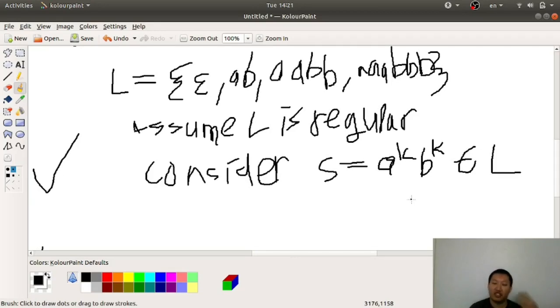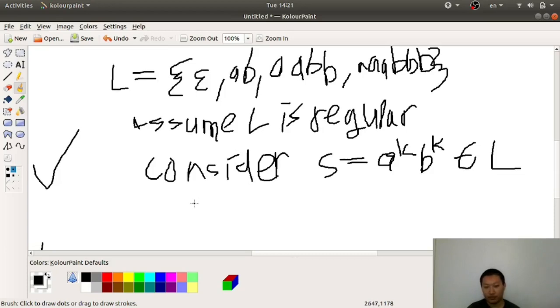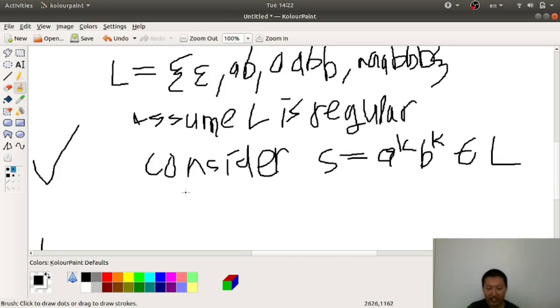So this meets the conditions of the pumping lemma. The length is twice k, because you have A k times and then B k times. The idea here is to consider, is there a way to pump this string? The pumping lemma says that the pumping string must be within the first k characters. So there must be some substring we can pump, which is just A's.